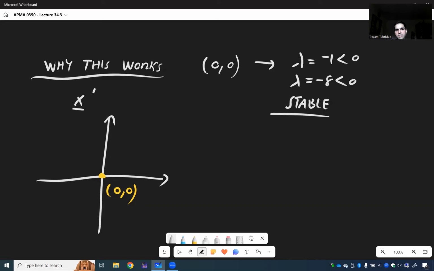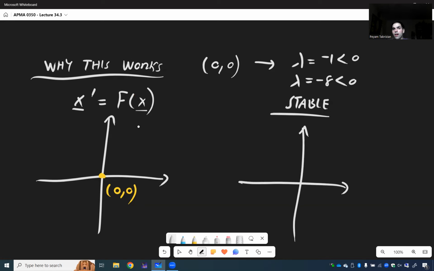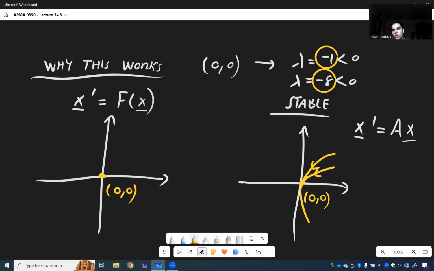Now that is for our system x prime equals f of x. It turns out the system x prime equals Ax, where A was that matrix, is very similar to the original system. And for x prime equals Ax, with the eigenvalues -1 and -8, if you draw the phase portrait, you find the solutions do move towards (0, 0).